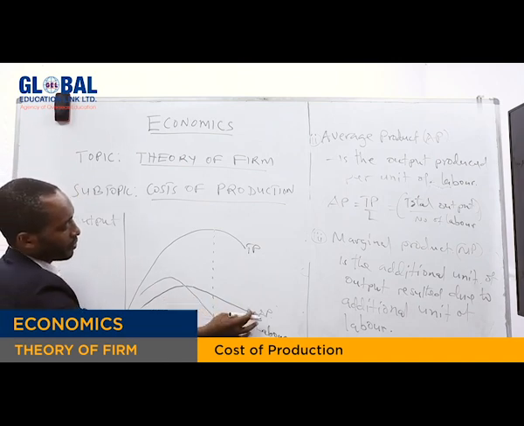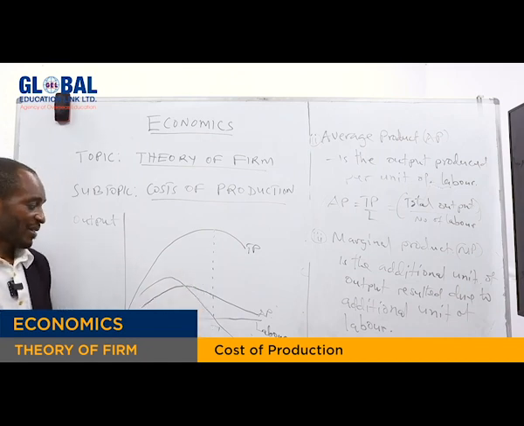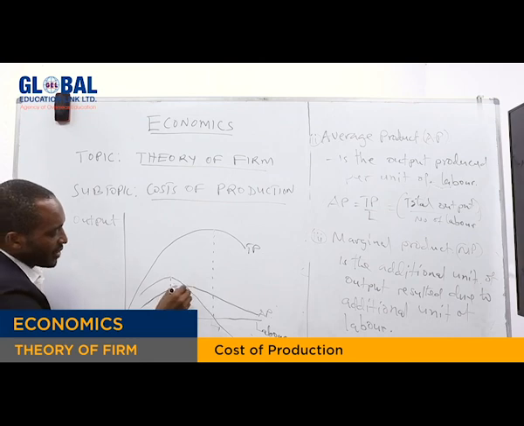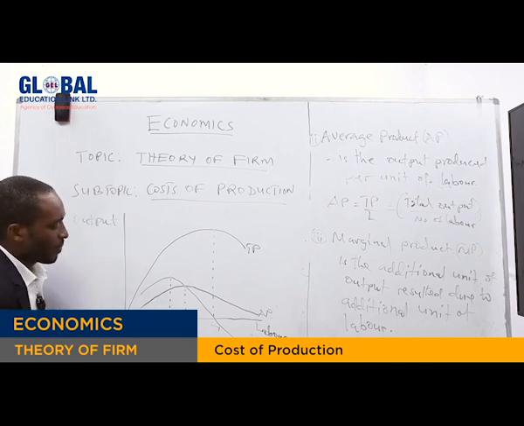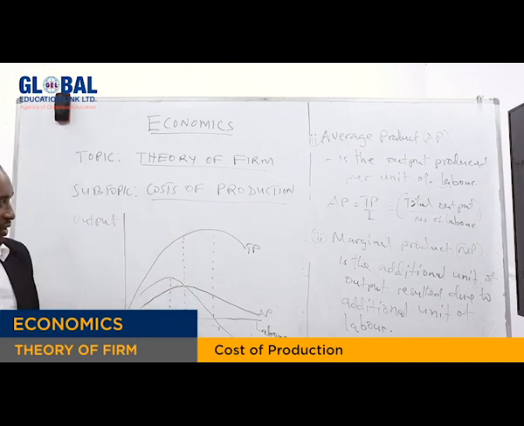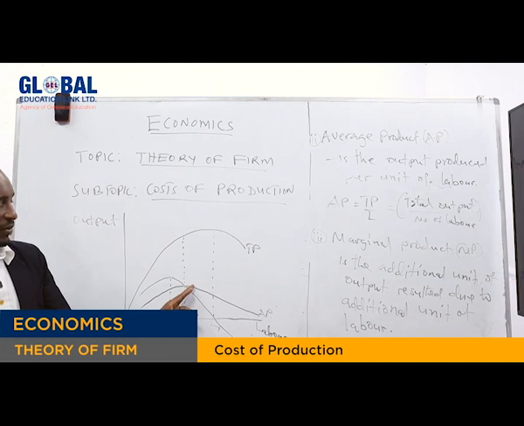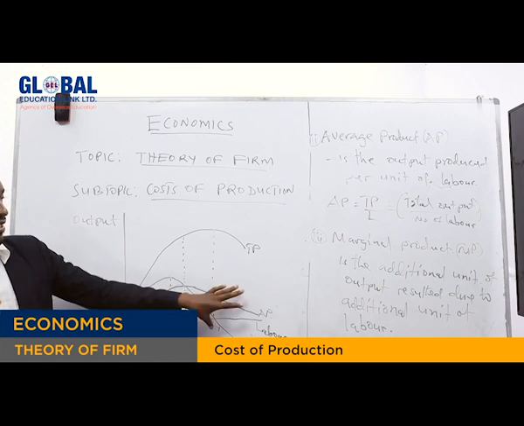This point shows the maximum, and when these two curves intersect here is L, let's say L0, and this is L2. So the production curves will be like this one.